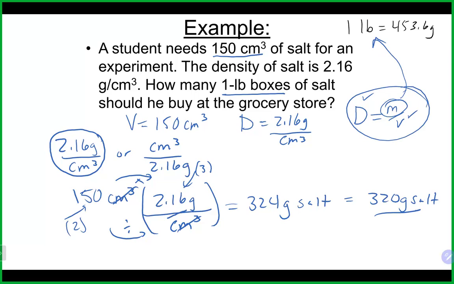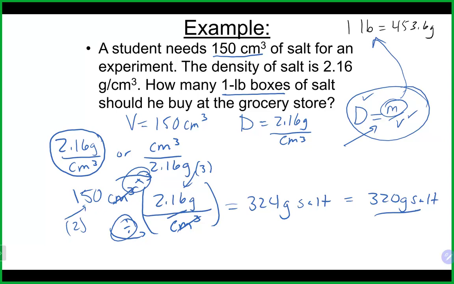Because I set it up getting rid of the units, I know math-wise I multiply and divide. I don't have to worry about whether I rearranged this equation correctly. So a benefit of dimensional analysis is sometimes you don't even have to think about the actual formula or rearrange it. All you have to remember is multiply the top, divide the bottom. If you set it up where the units cancel out correctly, you pretty much rearrange the formula without even thinking about the formula. So sometimes it's very helpful in that sense.